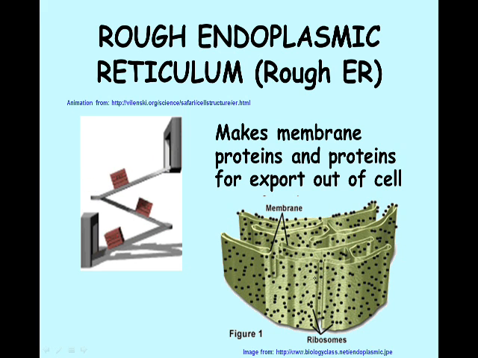They make the proteins on those ribosomes and then put them into the little space inside the tubing. When we think of transport, moving things around inside the cell, the job of the rough ER is transport, sometimes called the intracellular highway, because it's moving things around inside the cell.